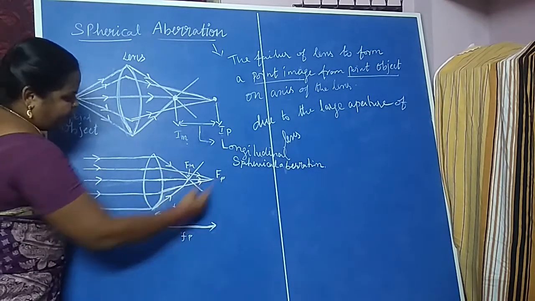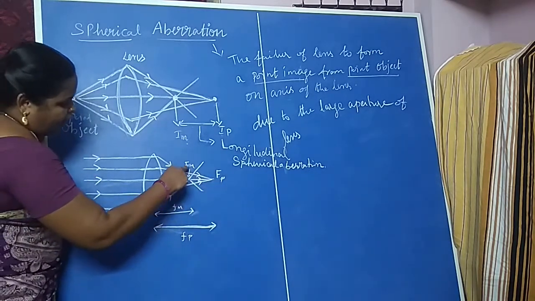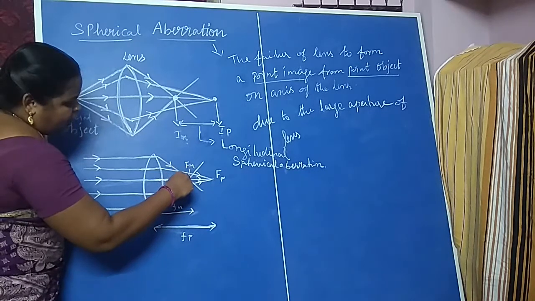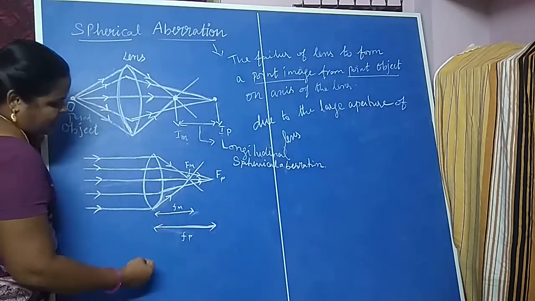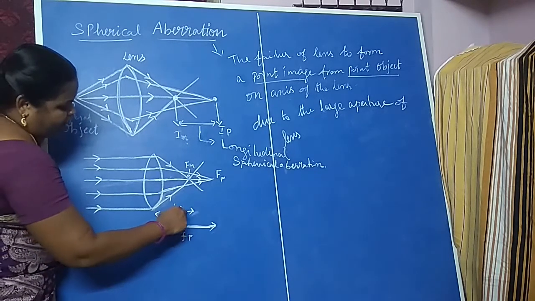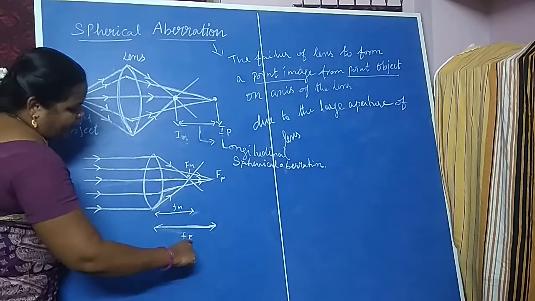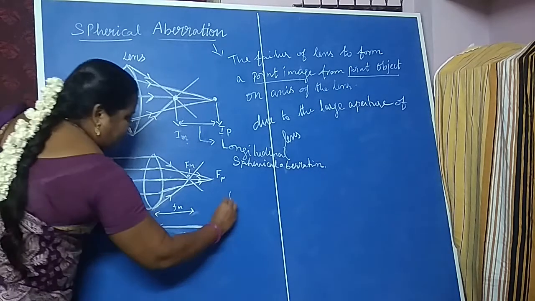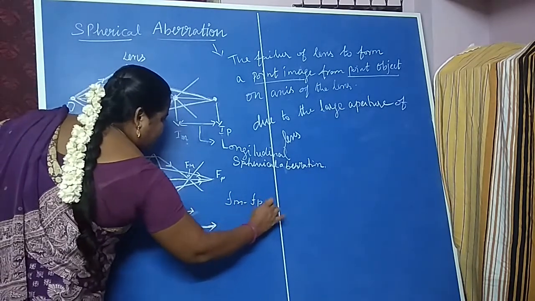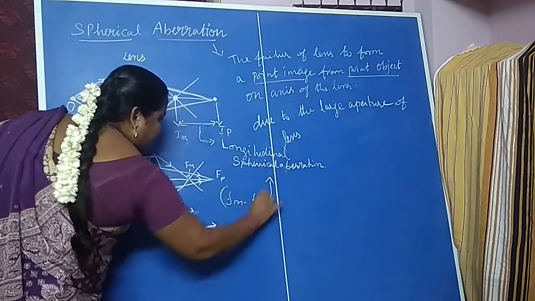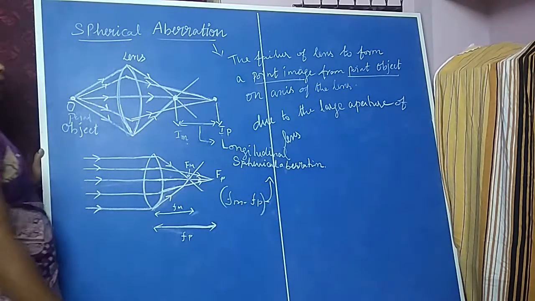Here FM and FP are the foci of the marginal and the paraxial ray. This is the focal length for the marginal ray and the paraxial ray. The difference between FM and FP also gives the longitudinal spherical aberration.